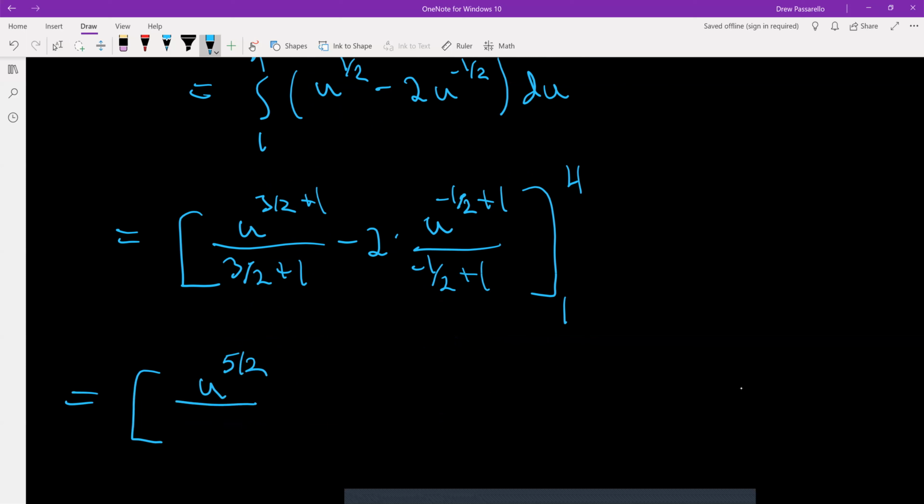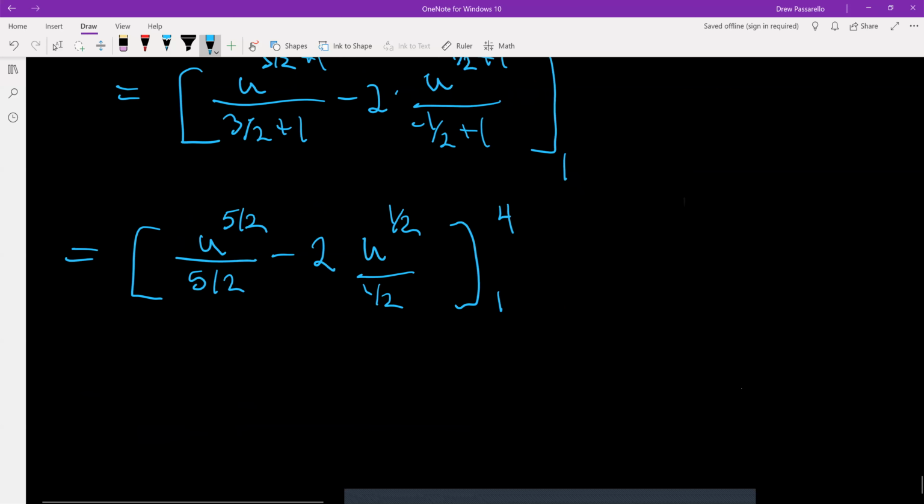So that's u to the 5/2 divided by 5/2, which we know that's going to turn into 2/5 because multiplying by the reciprocal is the same thing. Then minus 2 times, and then I have negative 1/2 plus 1 is u to the positive 1/2, and then divided by 1/2. So I just change these by multiplying by a reciprocal.